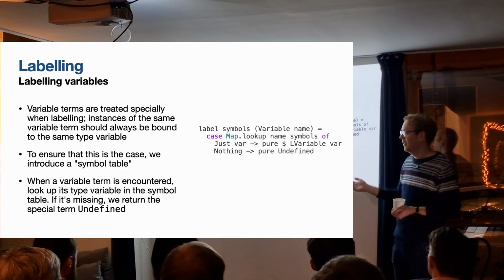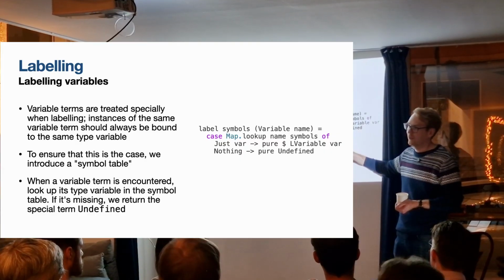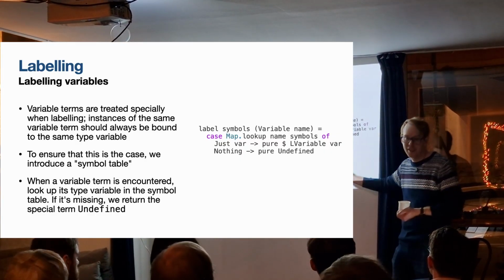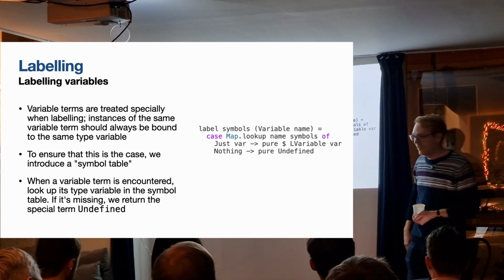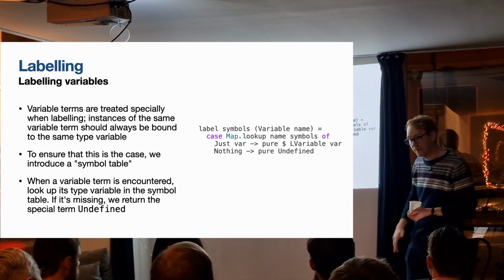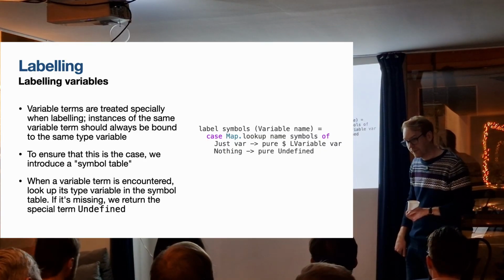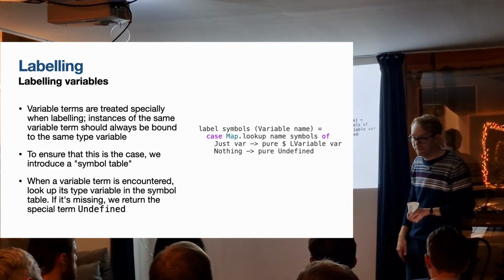So this means that if you see a variable term twice, we will reuse the same variable for both terms. But if you have a nested lambda with the same parameter name, then the later one will shadow the previous one. And they can have different types.